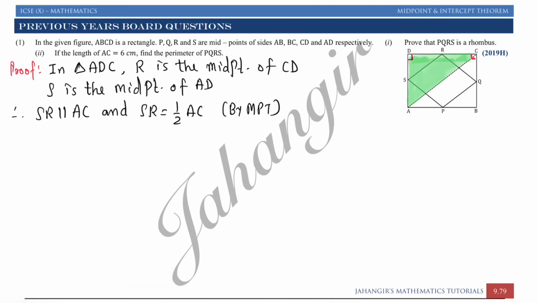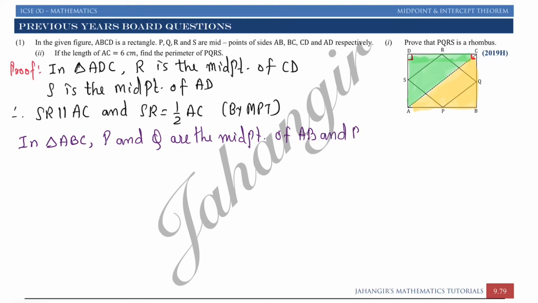Now for the second case we will take another triangle. Let us shade it as the yellow part. In triangle ABC, P and Q are the midpoints of AB and BC respectively.